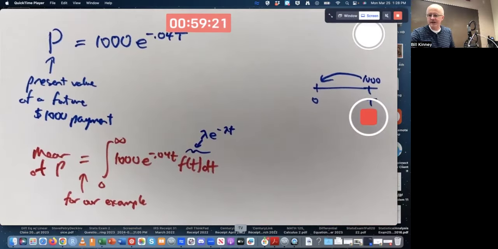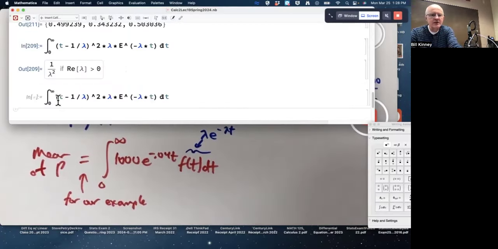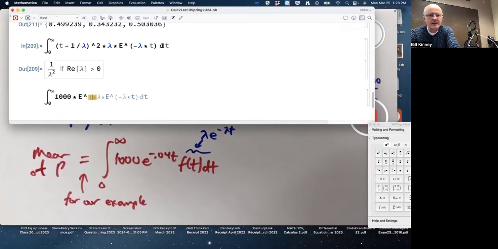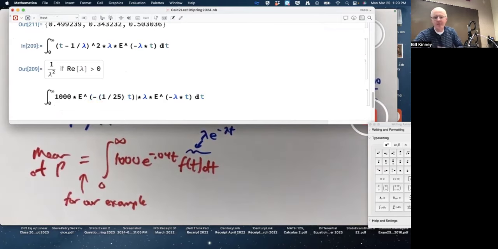Let's have Mathematica do this. Change the function right here to being 1,000 times e to the negative 0.04 times t. I'm going to put negative 0.04 in there as negative 1/25 so that the formula comes out nice in Mathematica.